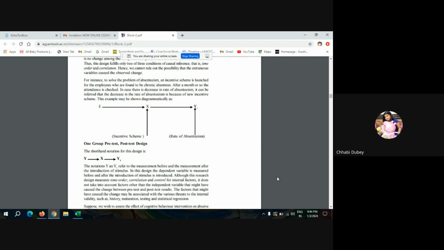In this design, the dependent variable is measured before and after the introduction of the stimulus. Although this research design measures time order and correlation, and controls for internal factors, it does not take into account factors other than the independent variable that may have caused the change between the pre-test and the post-test results.